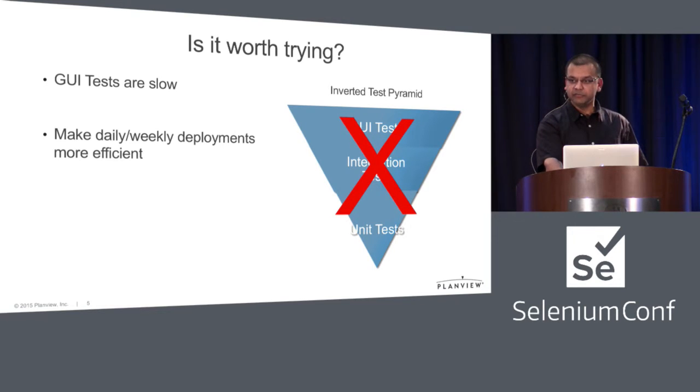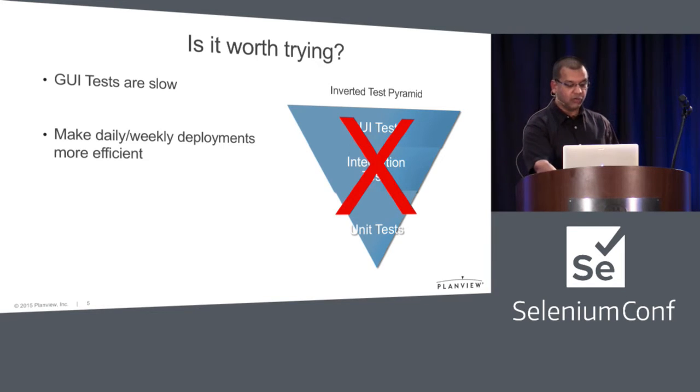The problem with a large number of GUI tests is they take a long time to execute. Our product is a cloud-based service, and at present we do weekly releases. So certifying new features and verifying that existing ones are intact takes more time with GUI tests.